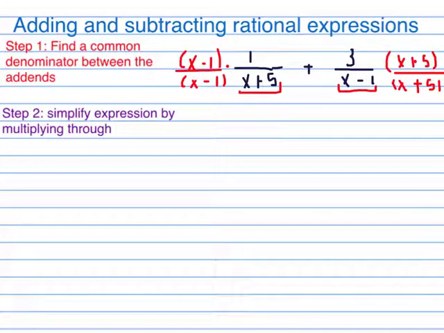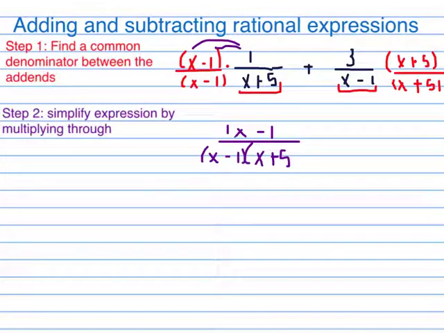So we're going to simplify the expression by multiplying through, so I'm going to distribute that 1 through here, so I have 1x minus 1 over x minus 1 times x plus 5 now. That's my new denominator, which is what we wanted to do.